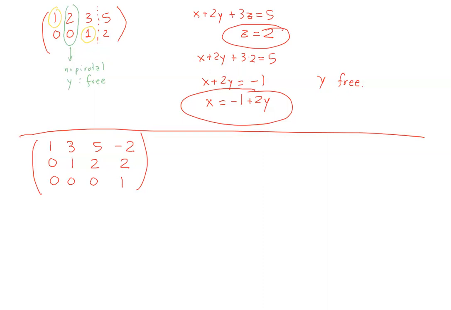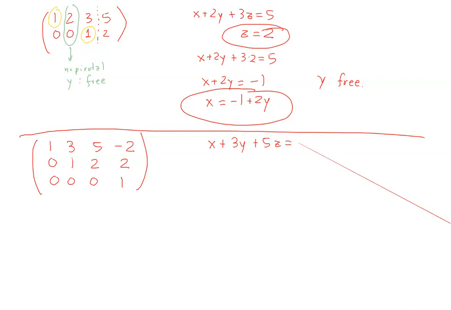Like I told you, this is an interesting one. Yes, it is tricky. But when you write it out, it will be rather revealing, because look, the first equation is not hard to write, right? The first equation will be x plus 3y plus 5z is equal to -2.